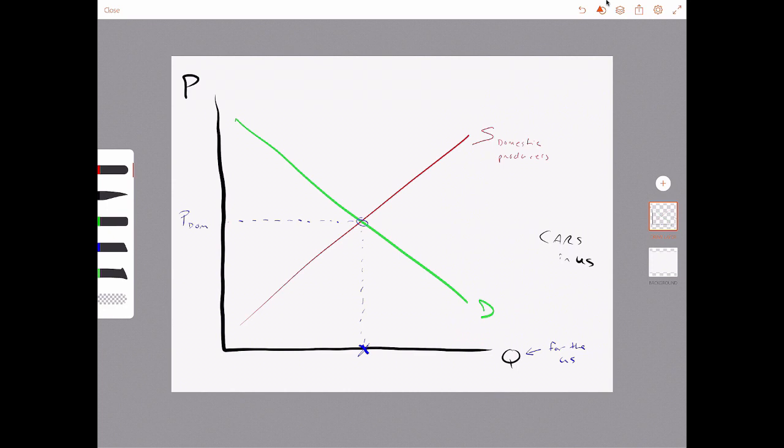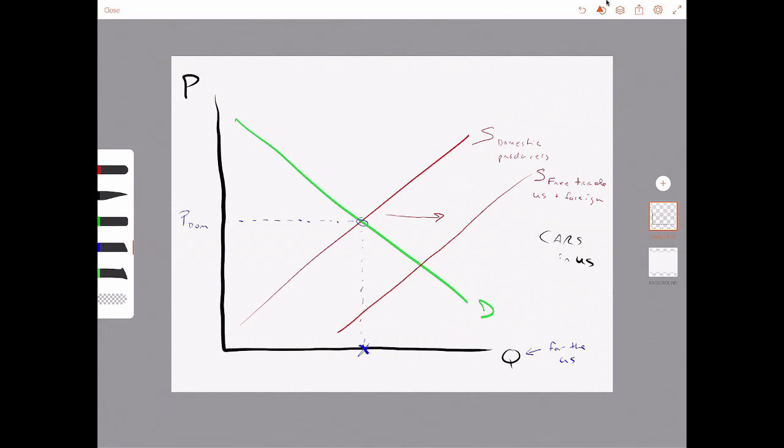If we have more sellers in the market, that's going to shift the supply curve to the right. So this new supply curve, we're going to call the supply curve with free trade. This is the US manufacturers plus foreign manufacturers. So we have a whole bunch of new sellers in the market.